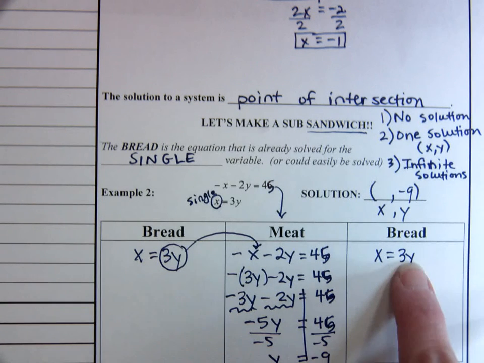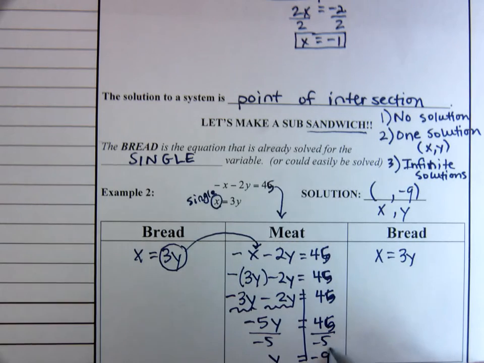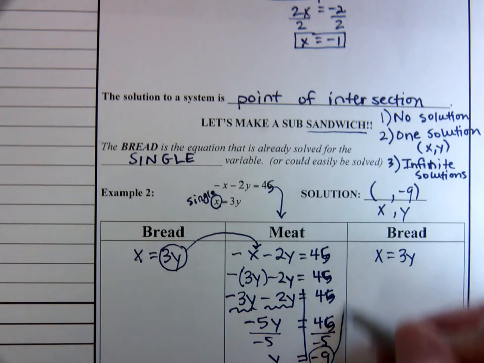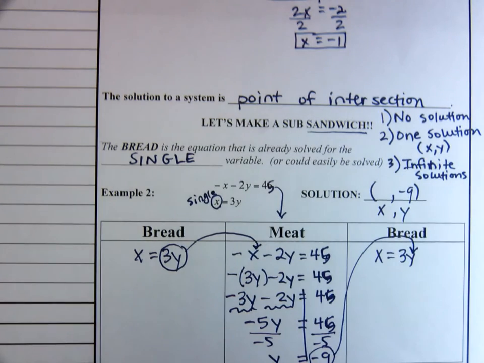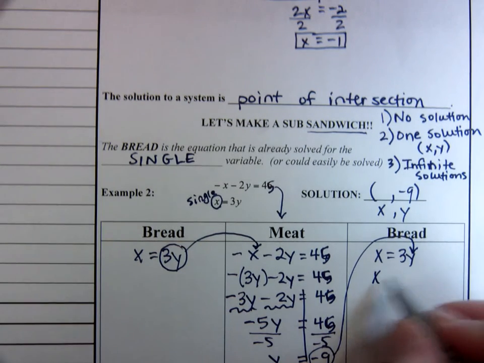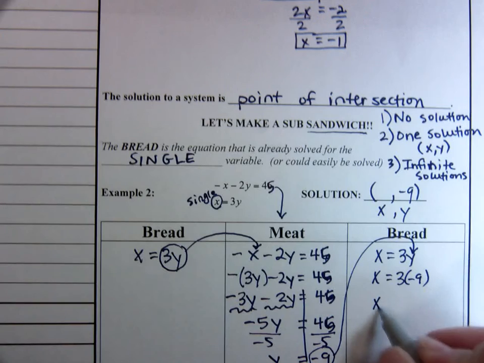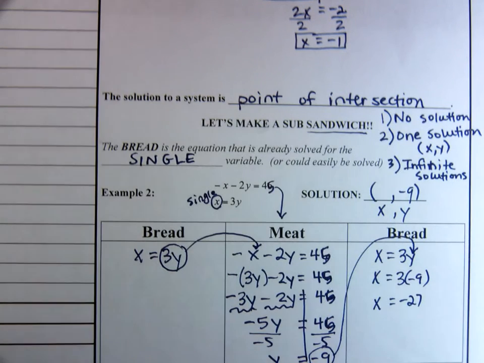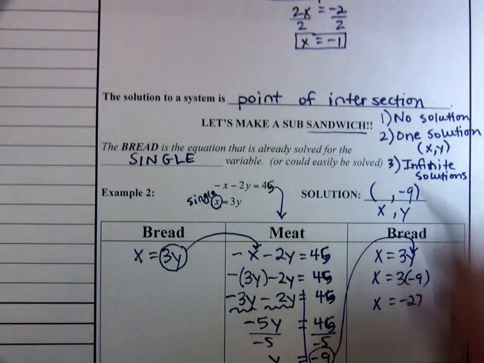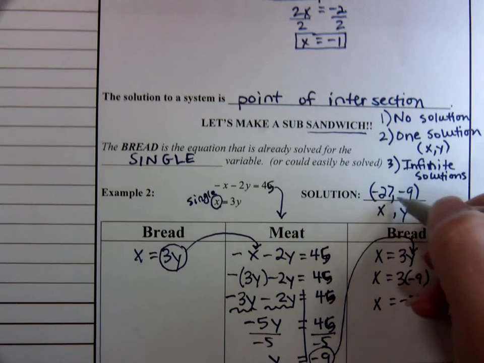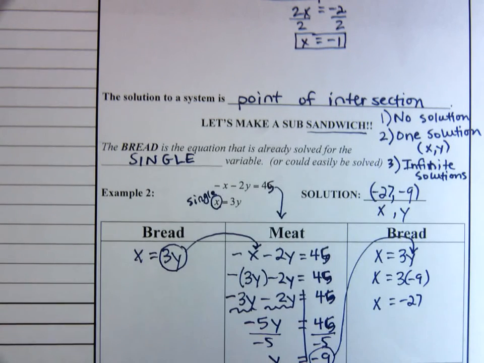It equals 3 times y. So all we have to do is take this negative 9 and go up here and put it where the y is. So we have x equals 3 times negative 9, and x equals negative 27 would be your answer for the x. And so now your solution is one solution. It's got negative 27 for the x and negative 9 for the y.